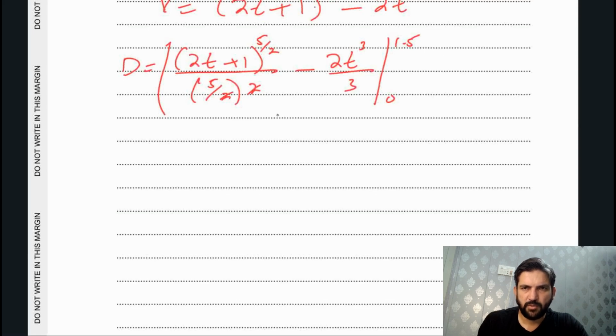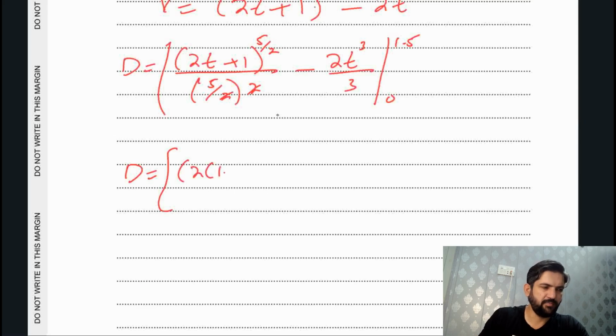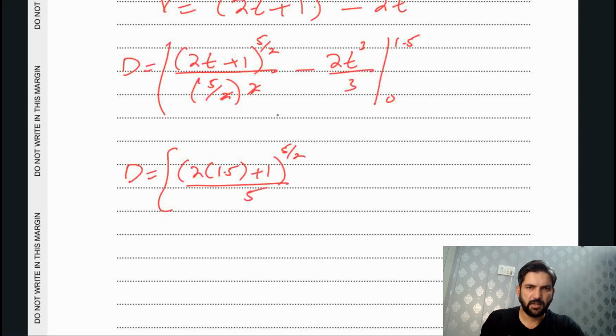So d will be equals to, upper limit will be 2 into 1.5 plus 1 whole power 5 by 2 divided by 5, minus 2 into 1.5 whole cube divided by 3.